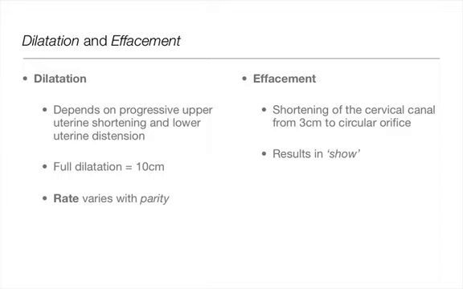Dilatation of the cervix is where the cervix opens from 0 centimetres to 2 centimetres. And at the beginning this may occur along with effacement, but sometimes effacement happens first and then dilatation. It depends on the smooth muscle of the uterus, progressively contracting and relaxing and contracting and shortening.